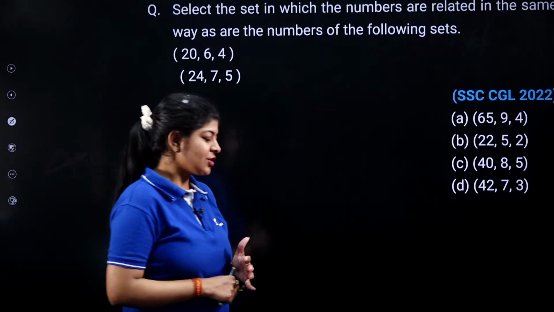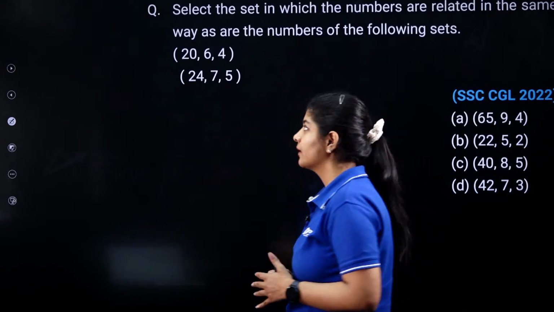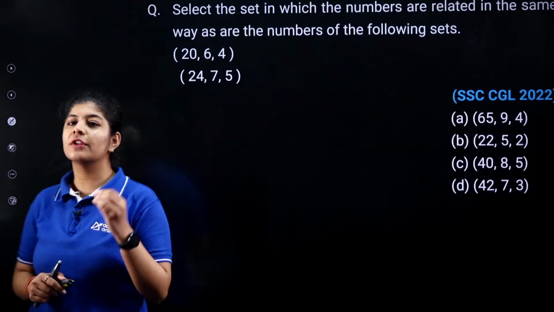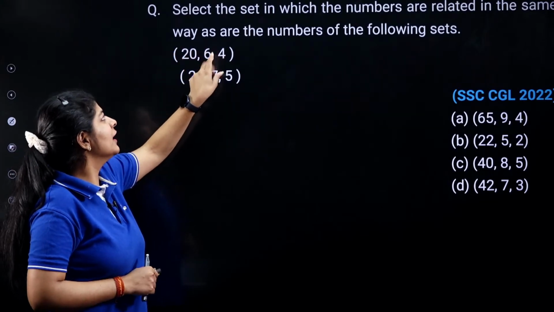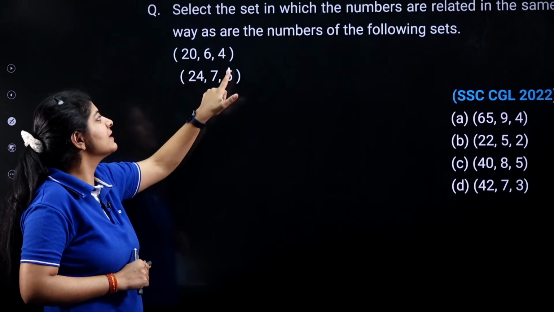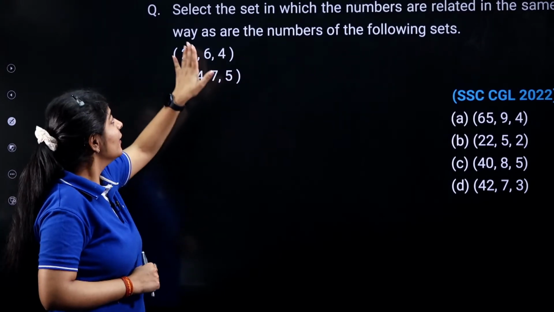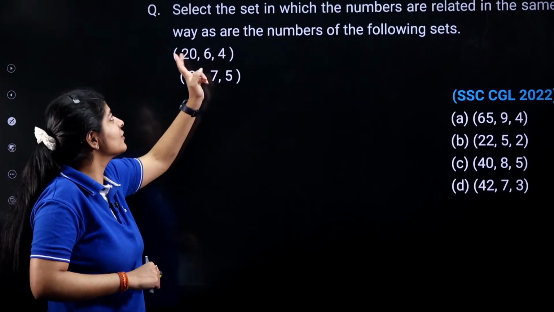Anyone in the comment section, what is the pattern over here? Just simply focus on the numbers. How are we getting 20 with the help of 6 and 4, and how are we getting 24 from 7 and 5? Or maybe how are we getting 4 from 26, or how are we getting 6 from 24?